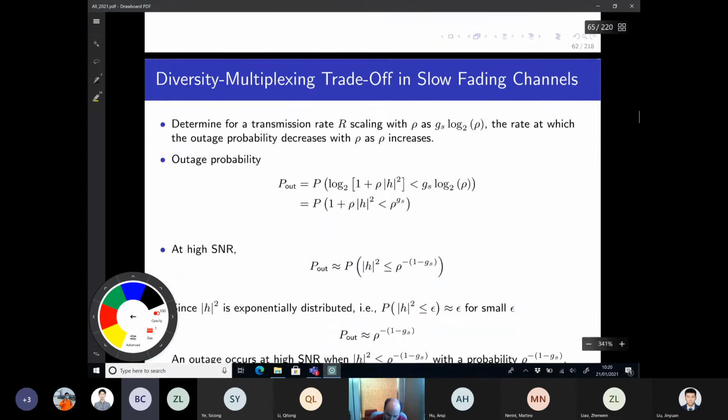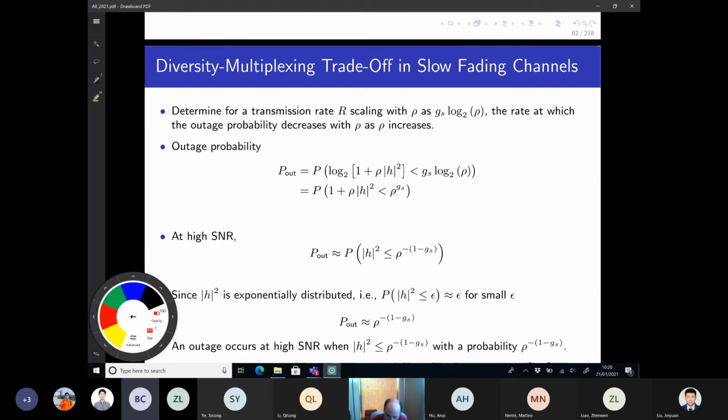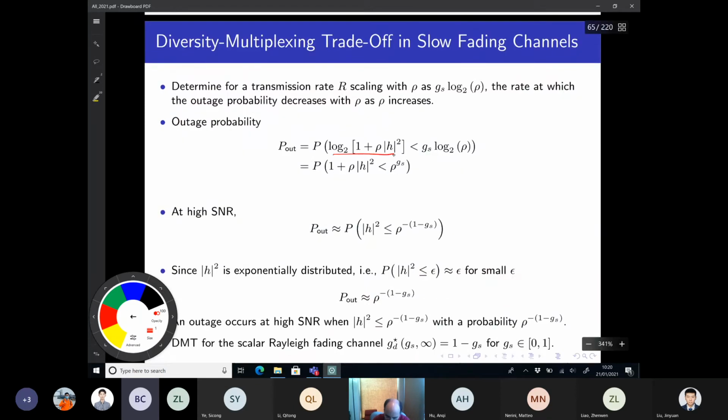So the way you can look at this is the following. If I'm looking at my outage probability, I have this, and I'm writing here my rate. This is R, just wrote before. Let's imagine that now I remove the log. I have log here, log there, so I can simply write this. My event is the same. Now, if I have high SNR, the 1 plus can be removed.